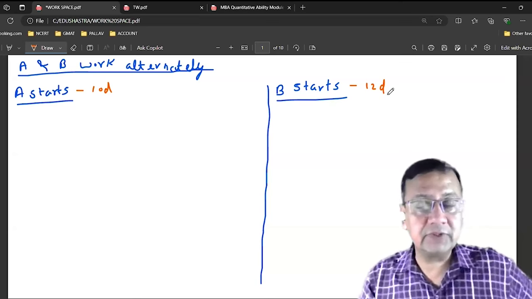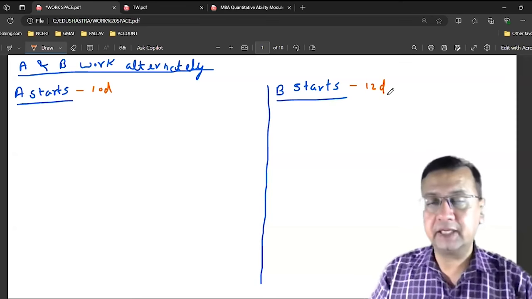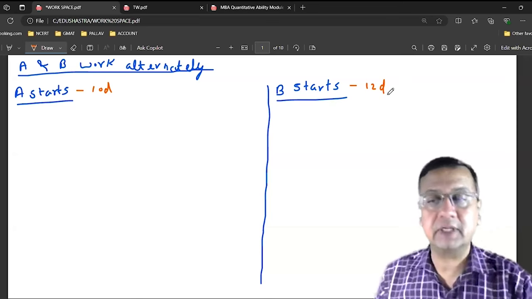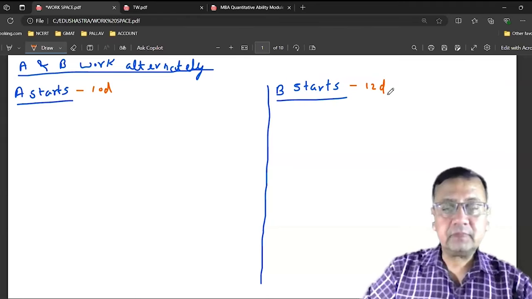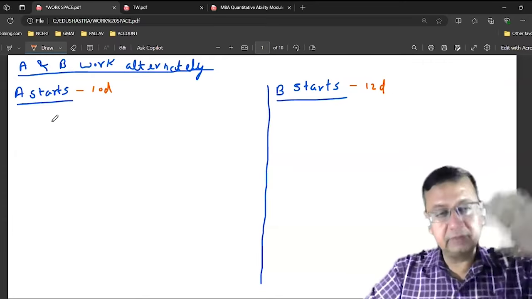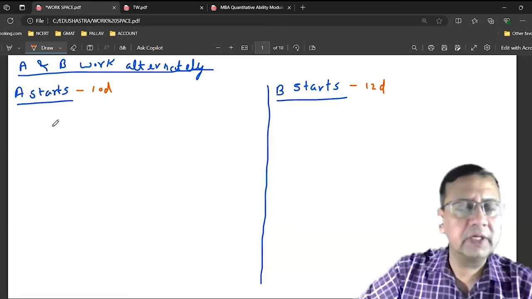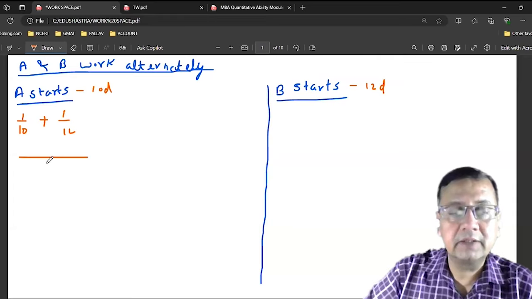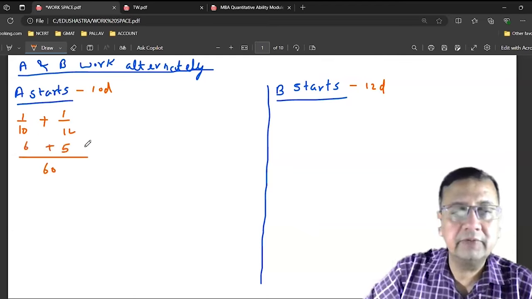If A is more efficient, you will get less time, and if B takes 12 days, you will get a little extra time, right? So if I go with the normal method, which we have done various times in the schooling days: A is 1 by 10, B is 1 by 12, they are working alternately, addition, LCM is 60, this is 6, this is 5, this is 11 by 60.